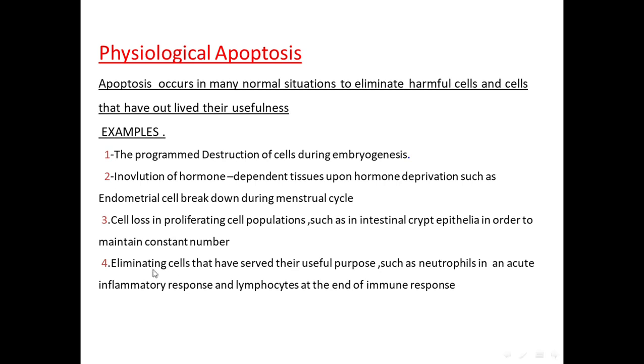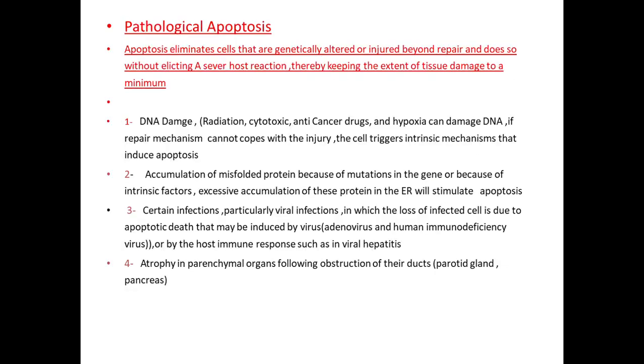Also, eliminating cells that have served their useful purpose, such as neutrophils in the acute inflammatory response and lymphocytes at the end of the immune response. We have a pathological apoptosis. Rarely we have a pathological apoptosis.